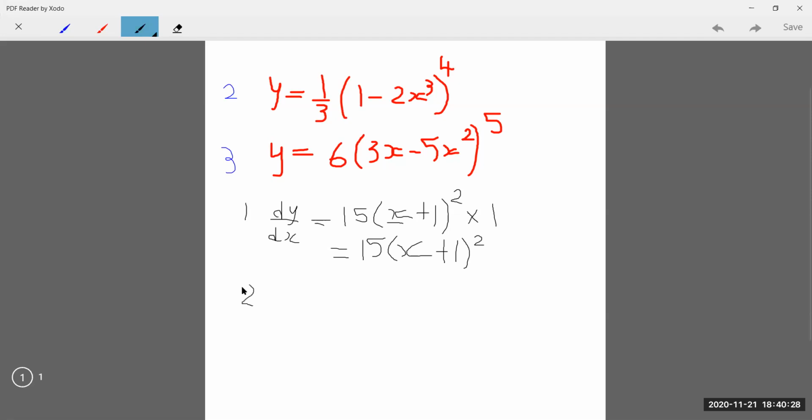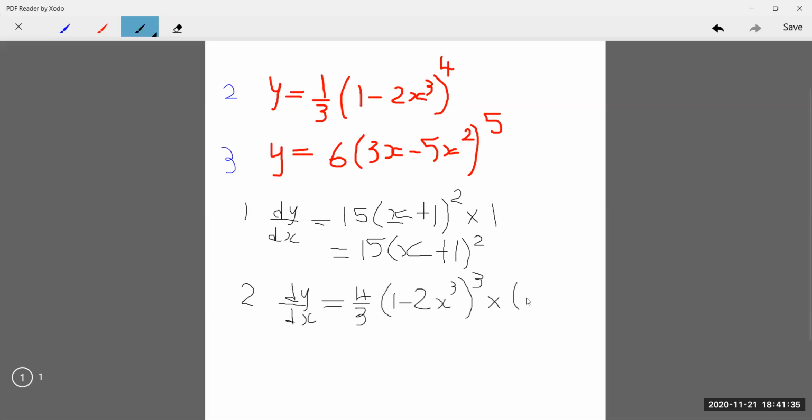All right, now question 2. How do you differentiate question 2? dy over dx is equal to 4/3 times (1 minus 2x cubed) cubed, very good, times (0 minus 6x squared).